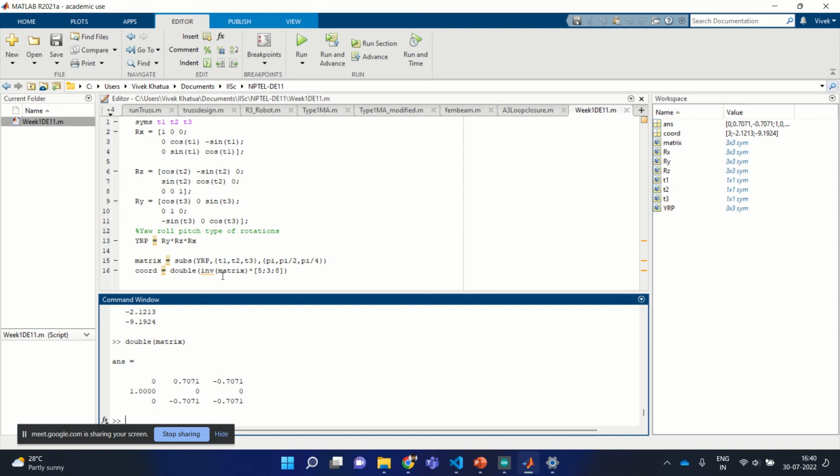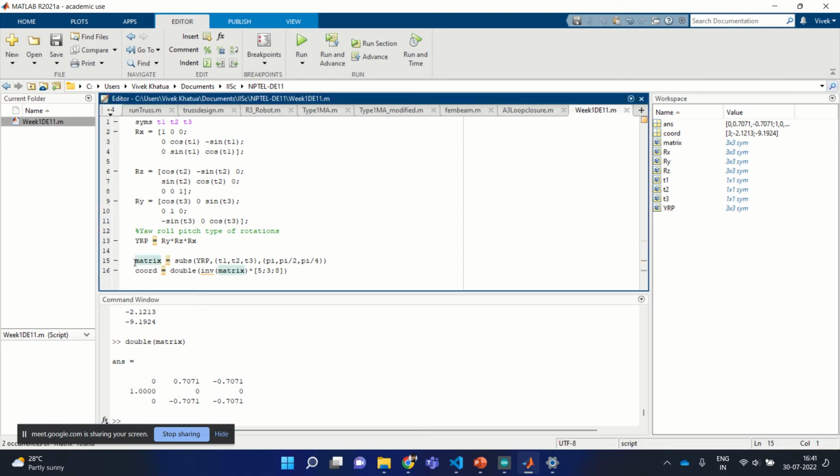So we invert this matrix because it's an inverse problem. The coordinate of the tool is required. This transformation matrix actually performs from ground to tool.